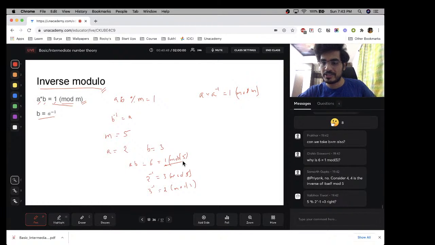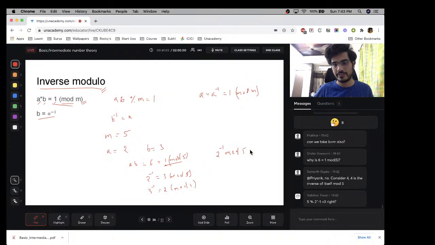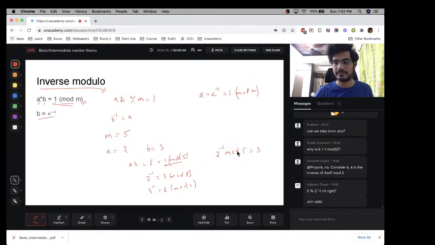Not 5 mod 2 inverse; it's 2 inverse mod 5 equal to 3.